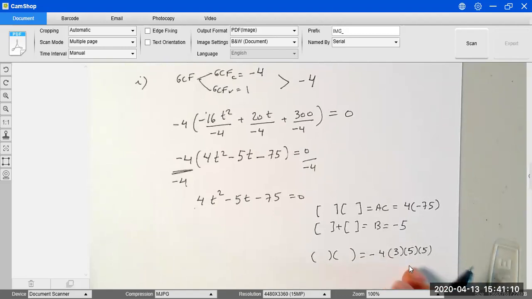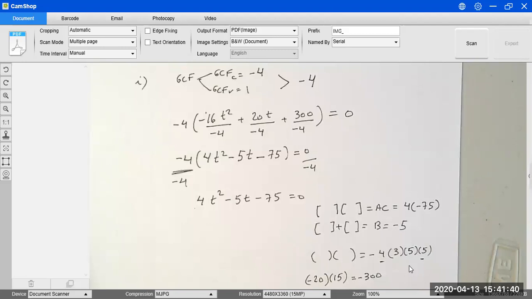So let's see. I have maybe negative 20. So I'm going to use these two. That gives me 20, and 3 times 5 is going to be 15. So if I multiply this, I'm going to get negative 300, which is the product of 4 and 75.